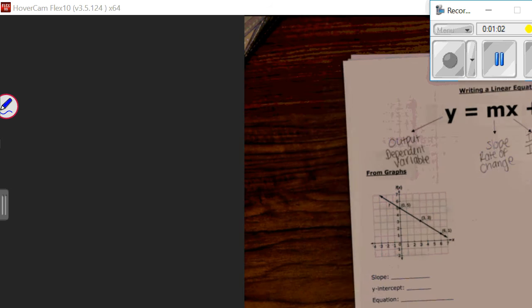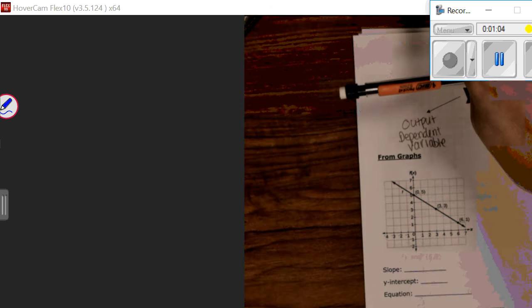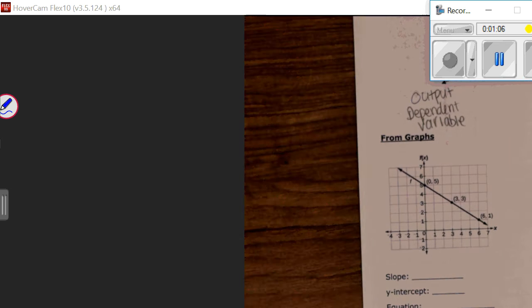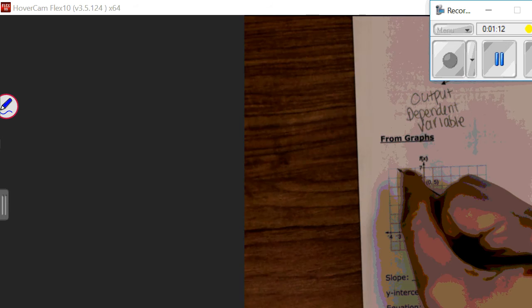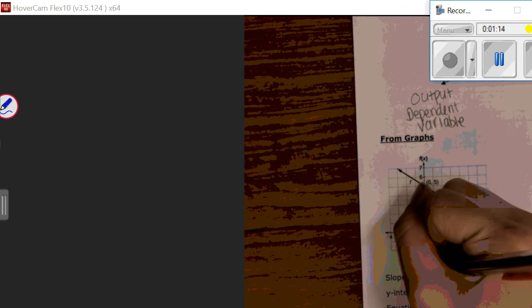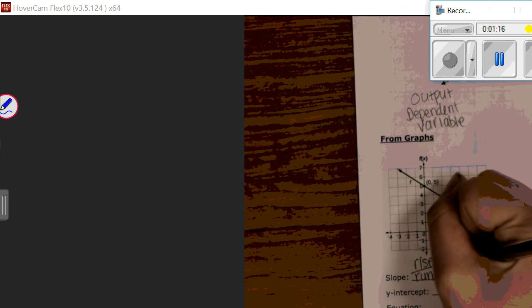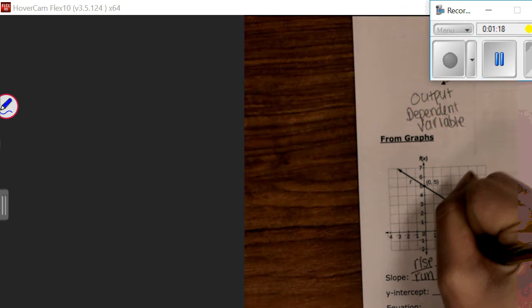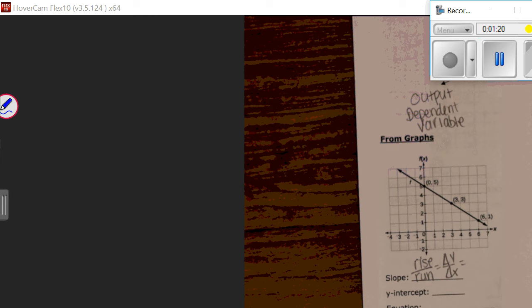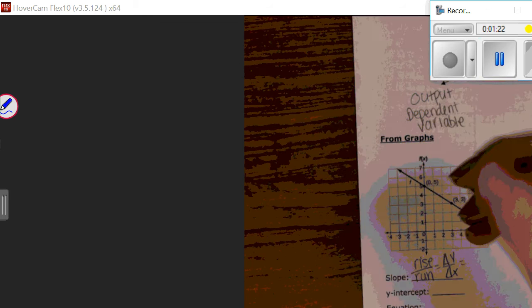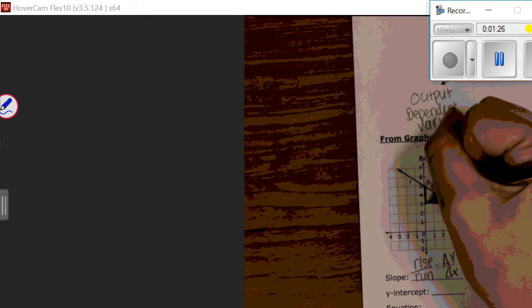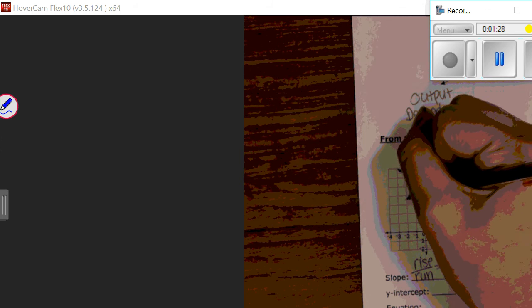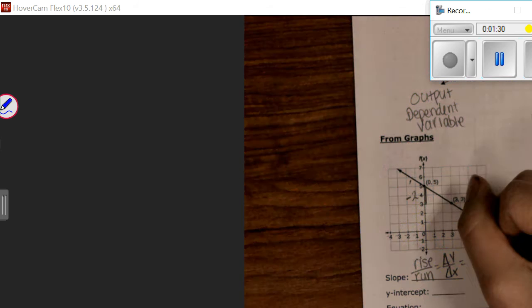Okay, so let's use a table to start. My slope can be found by my rise over my run, which is my change in y over change in x. So I'm looking at how my y is changing to start. It's going from 5 to 3, so it's going down 2.